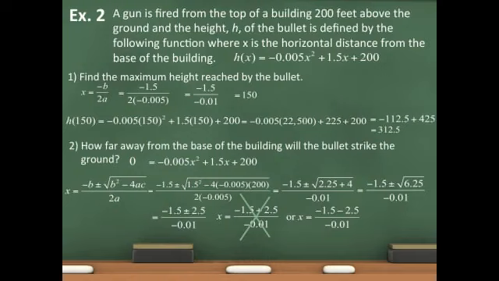This answer should be discarded, since it is not likely that a bullet will travel backwards. Negative 1.5 minus 2.5 equals negative 4.0, and negative 4.0 divided by negative 0.01 equals 400. The bullet would hit the ground 400 feet from the base of the building.